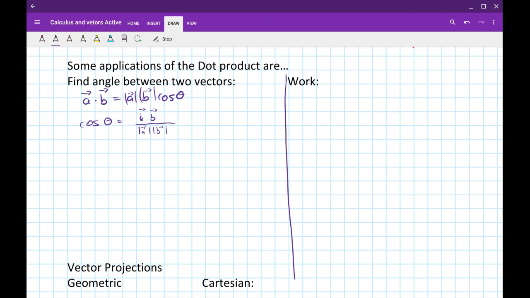You have to take the cosine inverse. So in the end, the angle between the two vectors would be cosine inverse of A dot B over the product of their magnitudes. Okay.